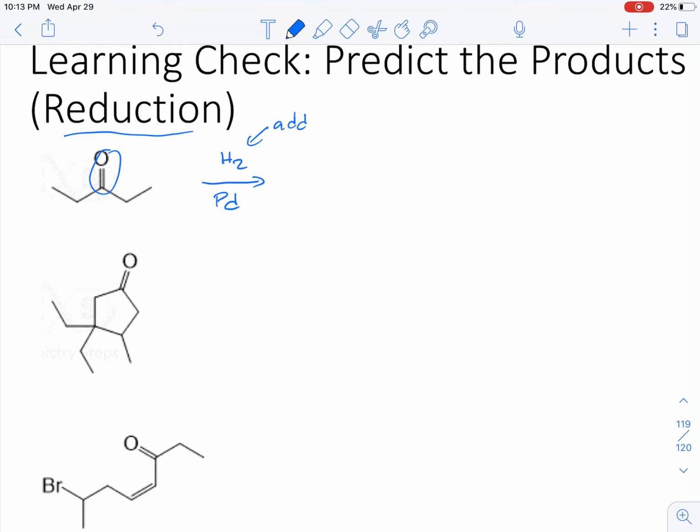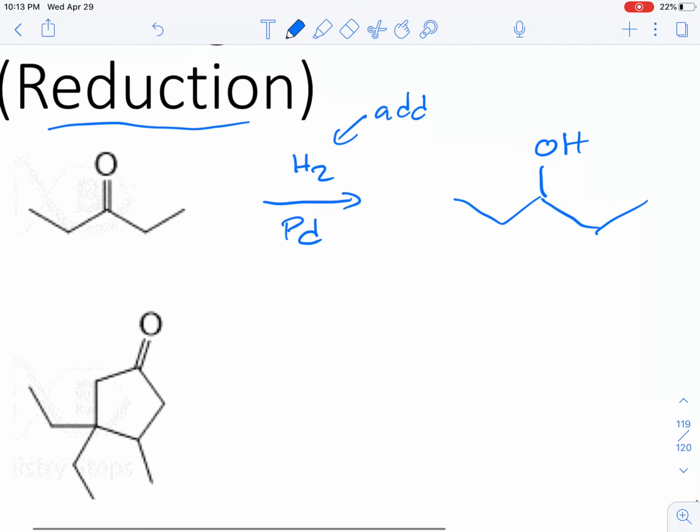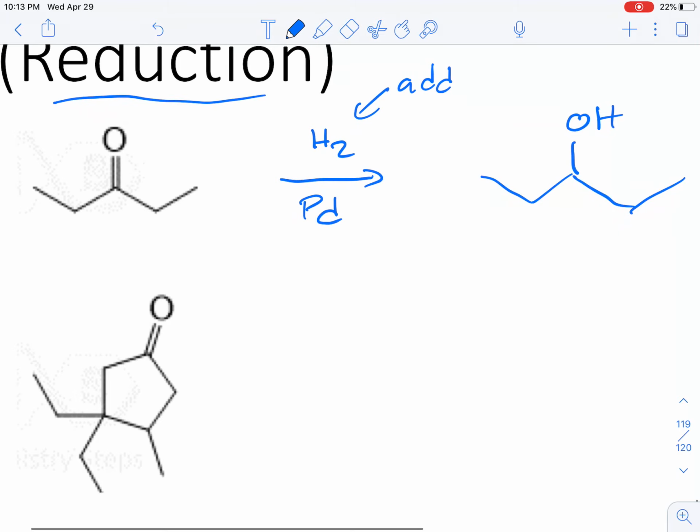The resulting structure that we're going to get is an alcohol. So how does an alcohol form from this carbonyl, from this ketone? Well, one of those hydrogens is going to be connected to this oxygen, and the other hydrogen is going to be connected to this carbon.